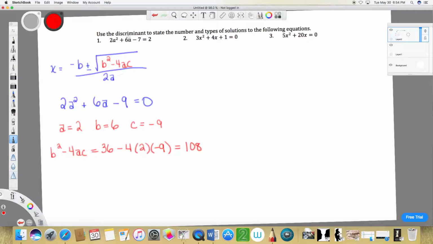So it's a quadratic, so I'm expecting two solutions, but I'm expecting these solutions to be irrational numbers, because when you go to simplify the square root of 108, you're going to have a radical in your answer. So the discriminant is 108, and we have two solutions, and the type is irrational solutions.